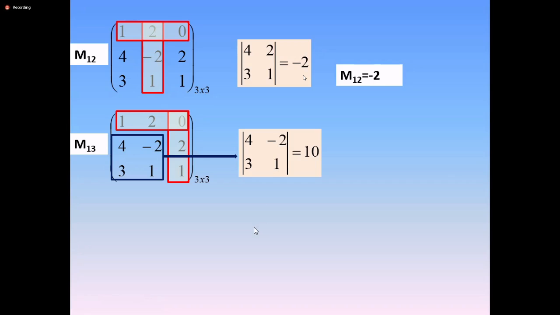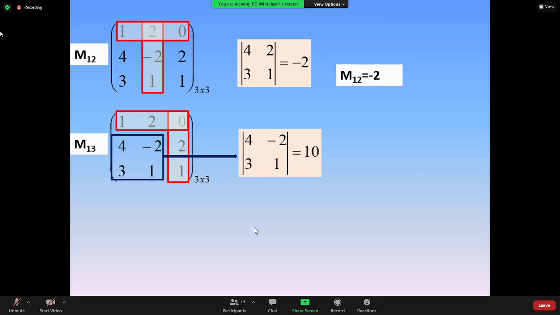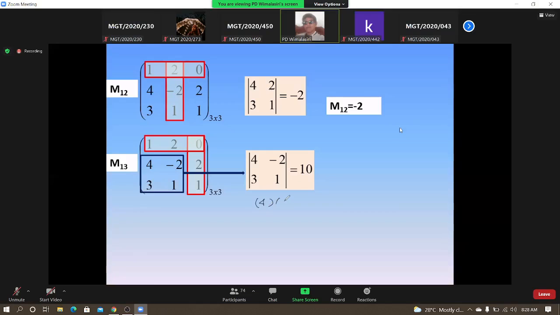Carefully do the calculation. If you are not confident, do the calculation in your mind, then write it this way: 4 by 1 minus 2 multiplied by 3.